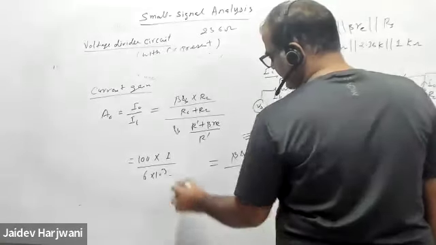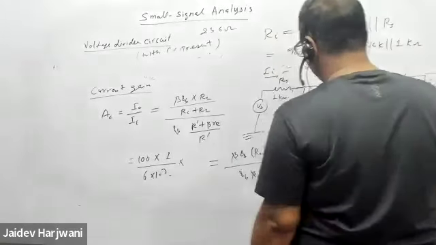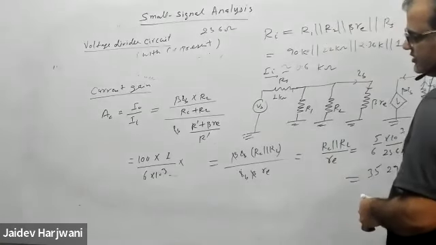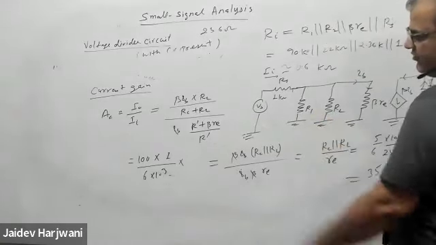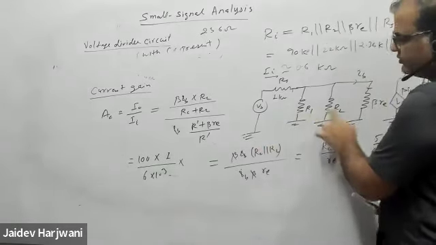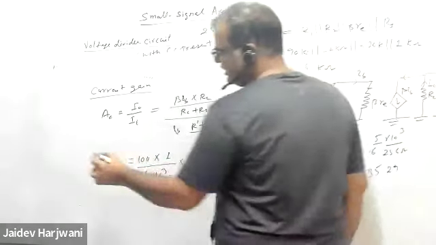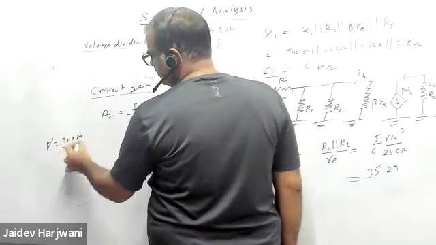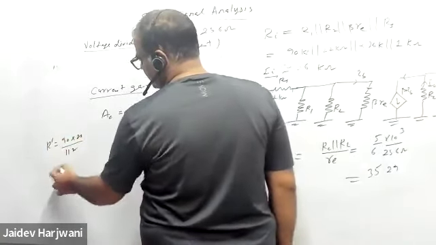Okay, and then R dash will be how much? Tell me what is the value of R dash? Calculate the value of R dash and then put it in the formula and tell me what answer is coming. 90 and 22. So R dash will be 90 parallel 22 and this is 1112.